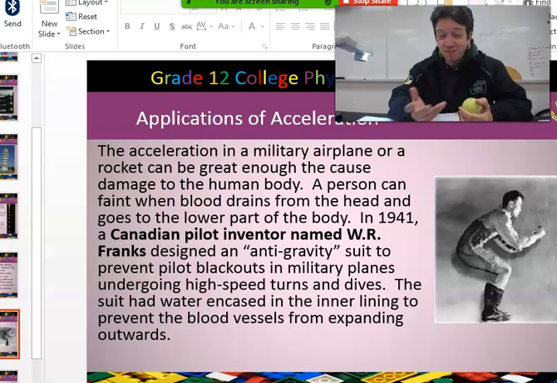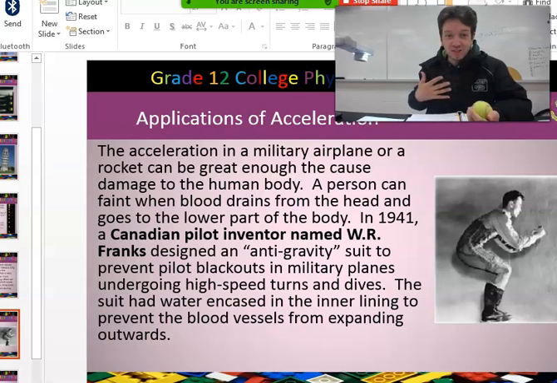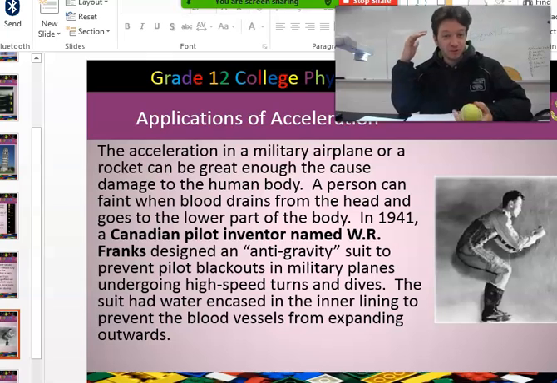Even though we call it g-force, it's not actually a force, it's an acceleration. Right? 2 g's, for example, would be 2 times 9.8. 3 g's would be 3 times 9.8. And if you have enough g-force, your body isn't strong enough, your heart isn't strong enough to get your blood up into your brain. When that happens, you black out.